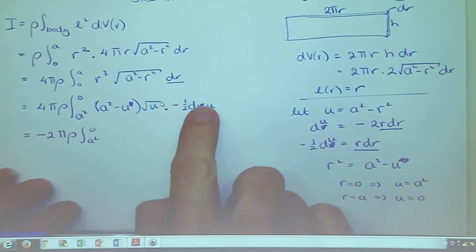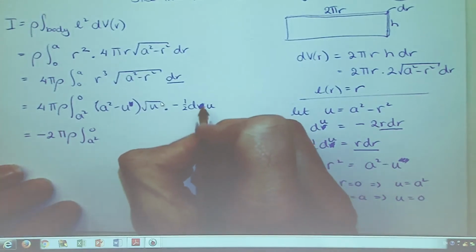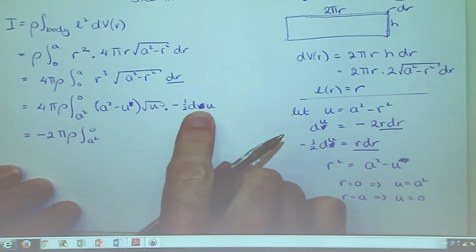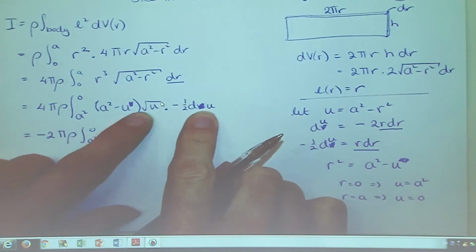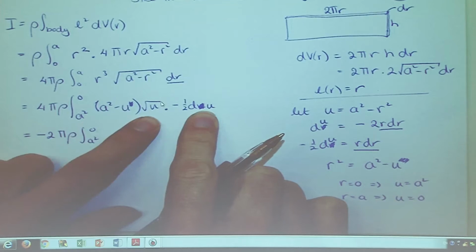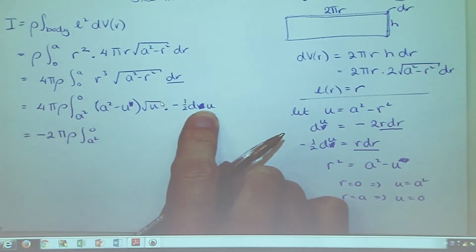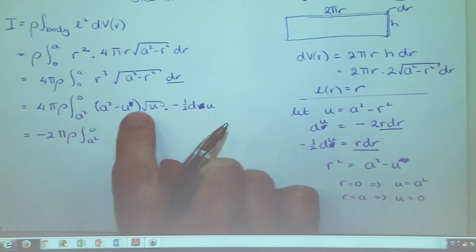Okay, so now we have to integrate with respect to u. Integrate with respect to u this palaver here. How are we going to do that? Think, can we just do it? What if we expand out these brackets?